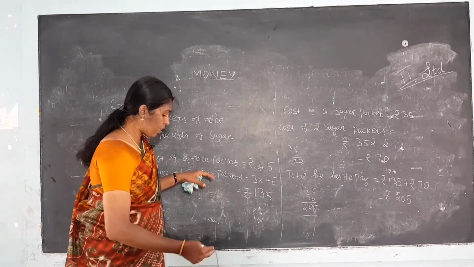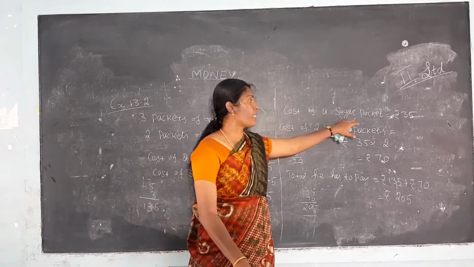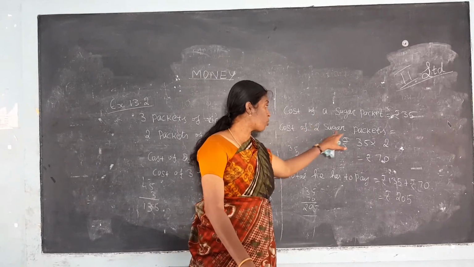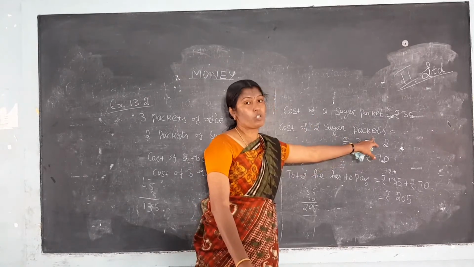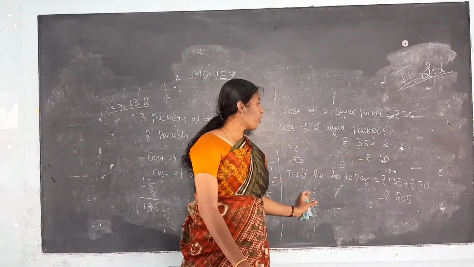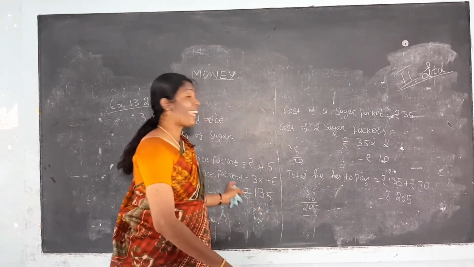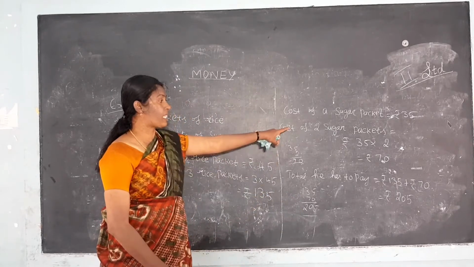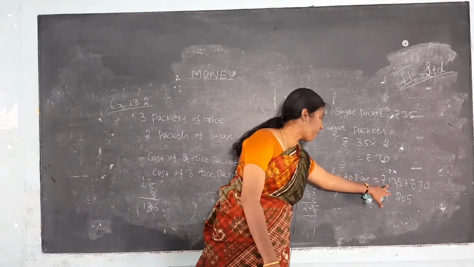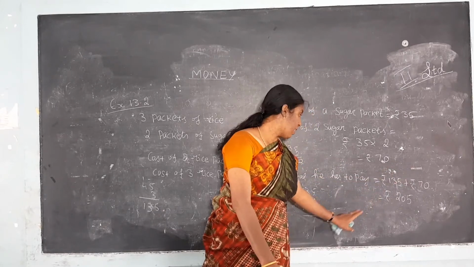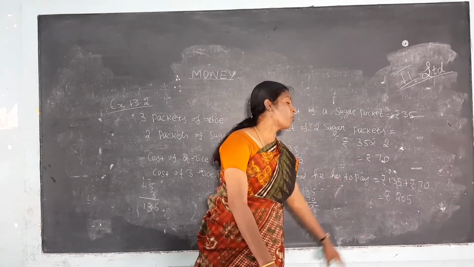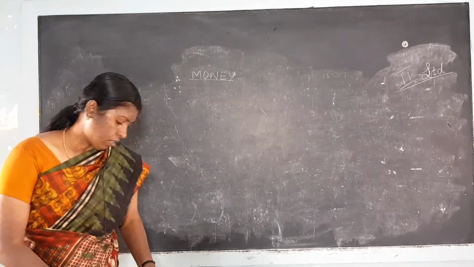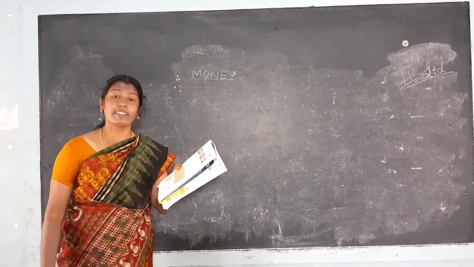Next, the cost of a sugar packet is rupees 35, and for 2 sugar packets, 35 into 2, that is 70. And how much does he have to pay in total? We have to add the price of rice and the price of sugar, 135 rupees and 70 rupees. When we add it, we get 205 rupees. Okay students, I think you understand the third question.